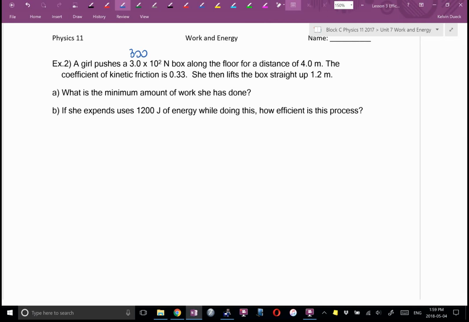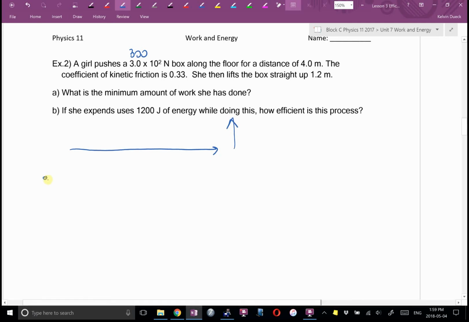So a girl pushes a 300 Newton box along the floor for a distance of 4 meters. Friction is 0.33. She then lifts the box straight up. So if I'm visualizing this, I guess she pushes it, and then she lifts it. I think this has 2 parts.